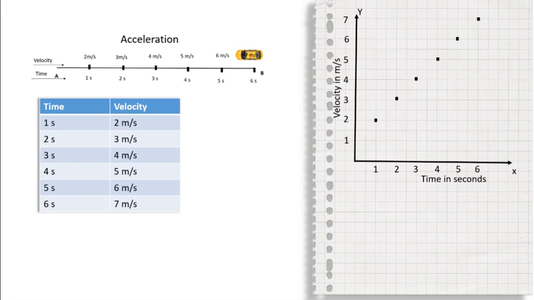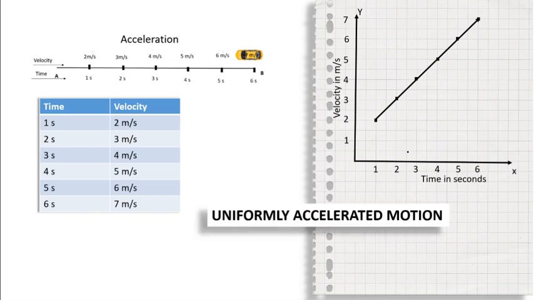The graph is a straight line. And why is it a straight line? Because the change in velocity here is in equal amounts. So I am again reminding you, if velocity changes in equal amounts, then the motion of the body is referred to as accelerated motion, uniformly accelerated motion.